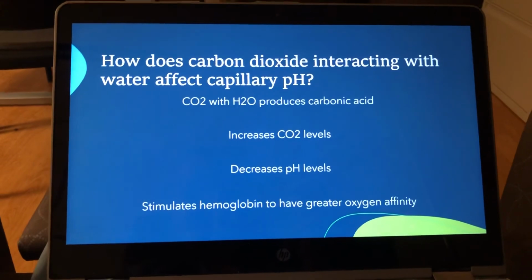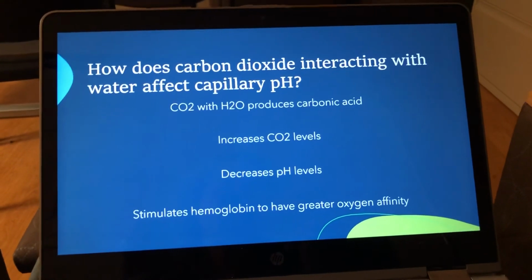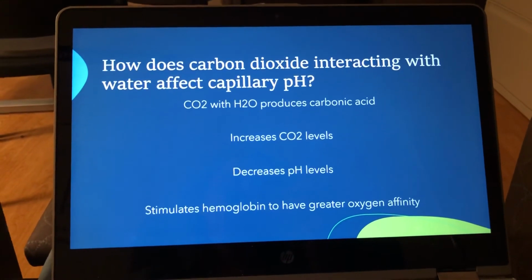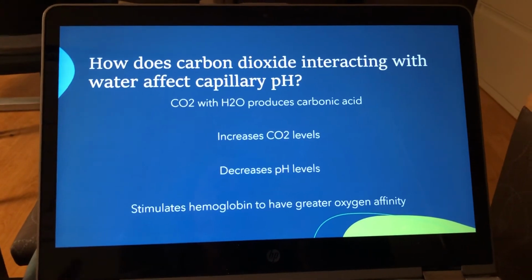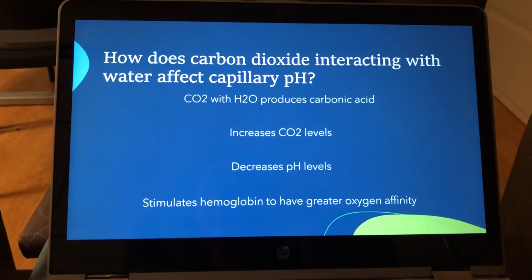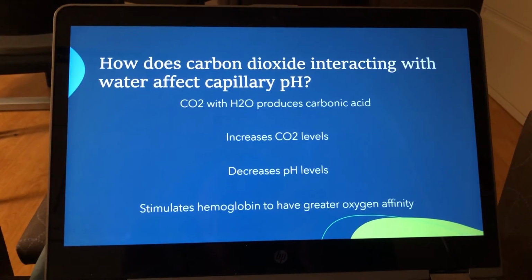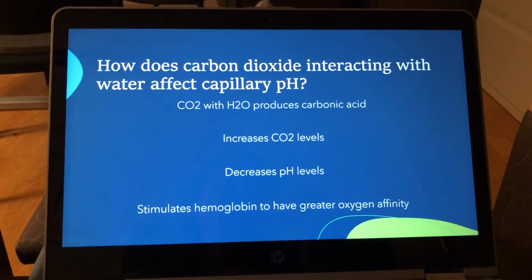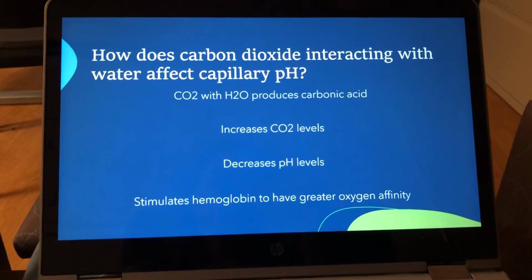So our final question for today is, how does the carbon dioxide interacting with water play a role in specifically the capillary pH? It's actually a really simple concept, based off of what we were just talking about. When carbon dioxide interacts with water, it produces what's known as carbonic acid, and this acidity is going to not only increase the carbon dioxide levels in the blood, but decrease pH levels overall.